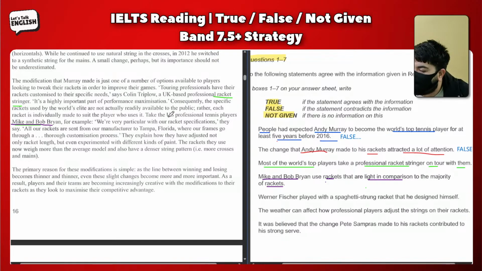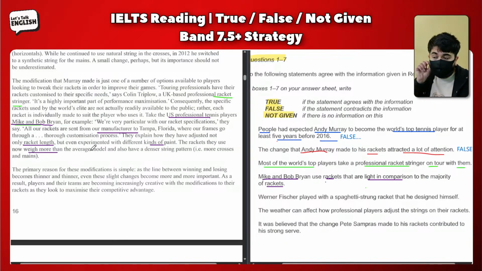Okay. US professional tennis players, we are very particular. Currently, the world's elite are not actually each suit the player who uses it. Okay, lightness, all rackets, manufacturer to Tampa, customer, how they have adjusted not only racket length, different kinds of rackets that they use. Oh my god.